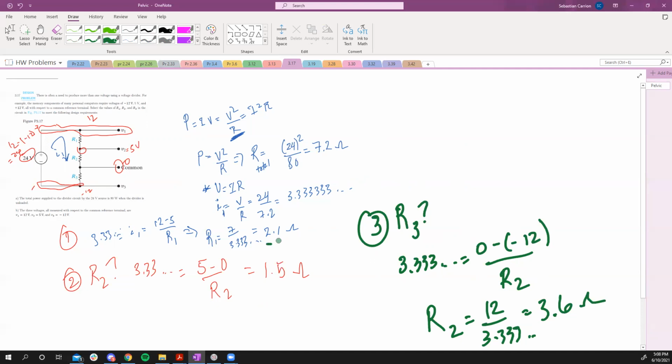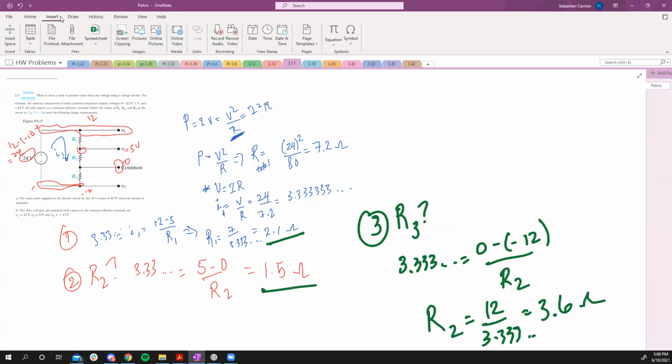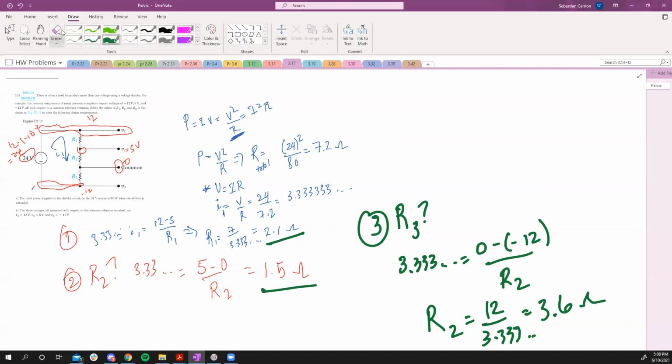So we got 2.1 ohms for R1, R2 is 1.5 ohms, and sorry, this was R3, and our R3 is 3.6 ohms. And that should be the answer.